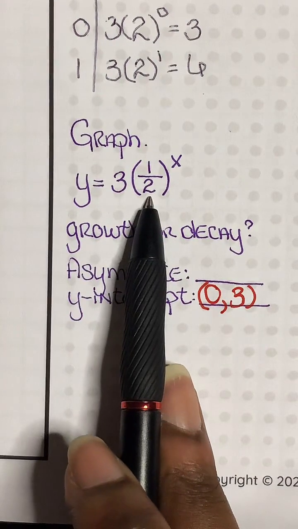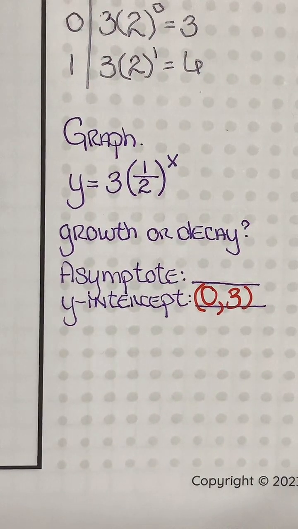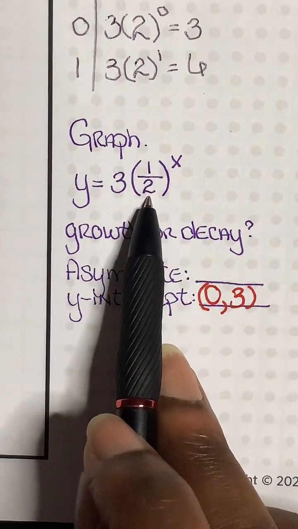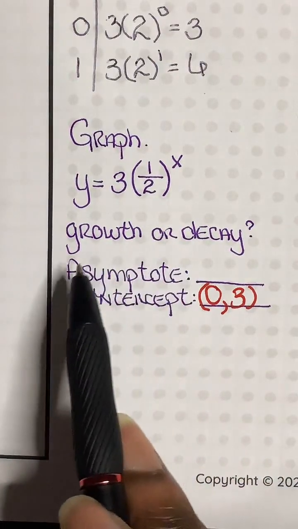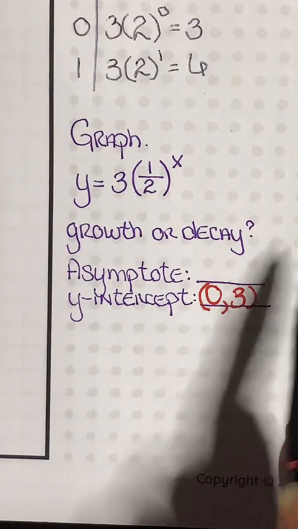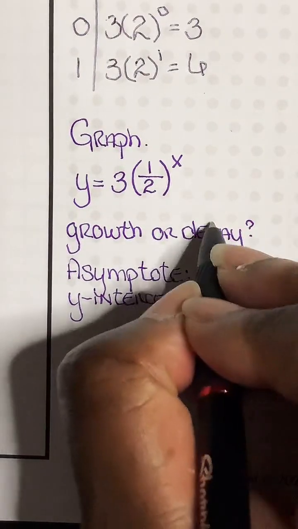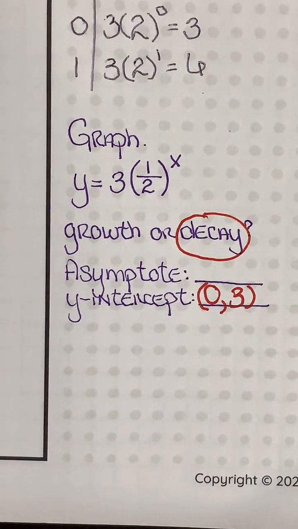But I have 1/2. So like some of you guys were saying decay, some aren't sure about growth, but where would number 1/2 fall in the number line? Definitely between 0 and 1. So if it falls between 0 and 1, it's going to be decay. There you go.